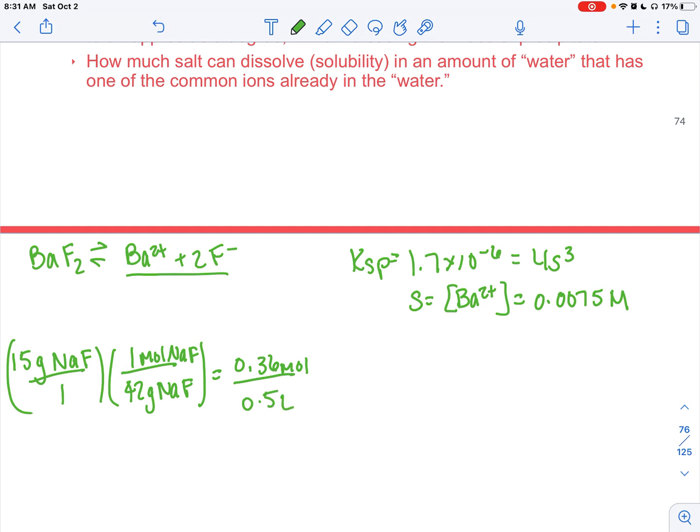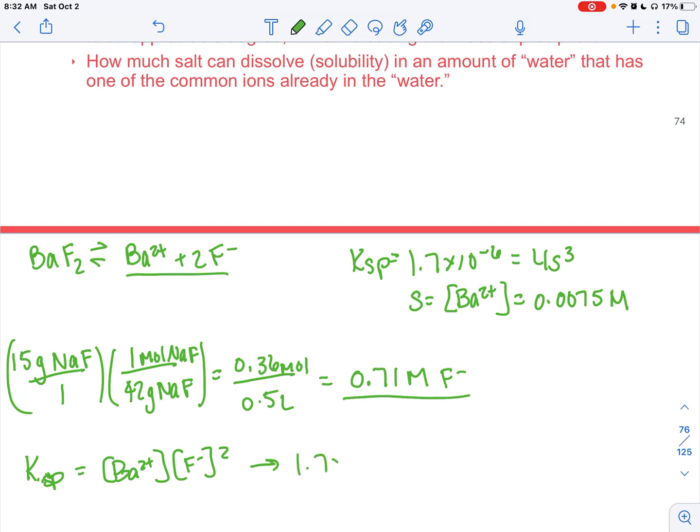And 500 mils, I get my 0.71 molarity of F minus. So now I want to find the new concentration of barium 2+. So I'm going to set my KSP and plug in my new concentration for F minus there.